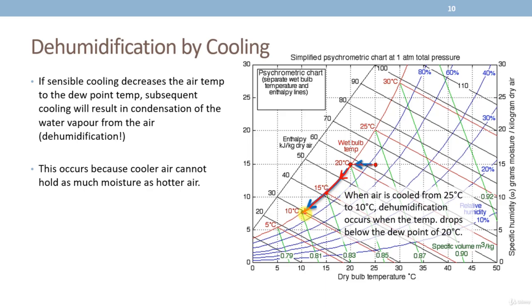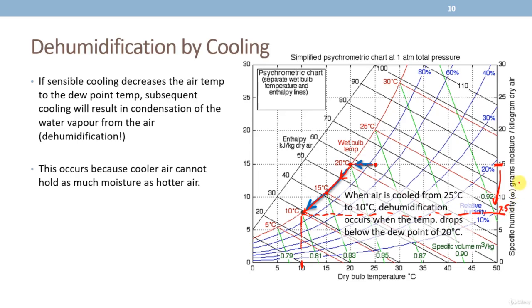So what do you notice? As the dry bulb temperature reaches 10 degrees Celsius, the humidity ratio will also get affected. Initially, it's around 15 grams per kg, but because you cool down the air until it is 10 degrees Celsius dry bulb, the humidity ratio also drops accordingly until it's around 7.5 grams per kilogram.